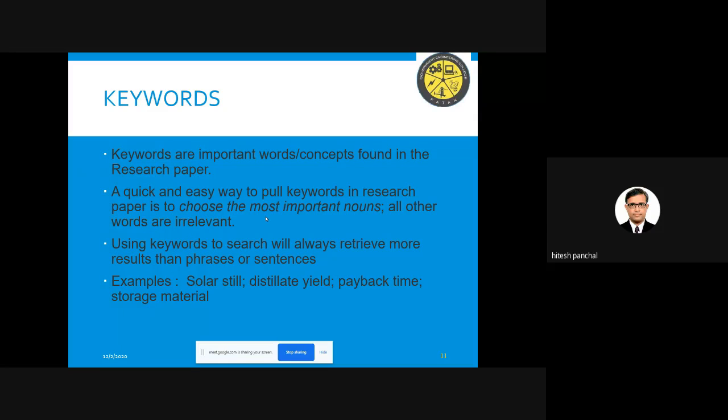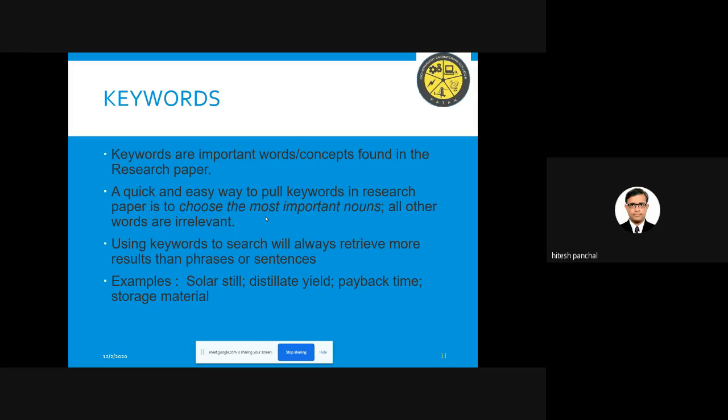Now, a quick and easy way to pull keywords from a research paper is to choose the most important nouns. All other words are irrelevant. That means there should not be any similarity between two keywords. That's why I have put it: all other words are irrelevant.